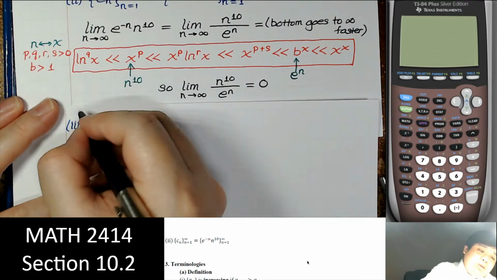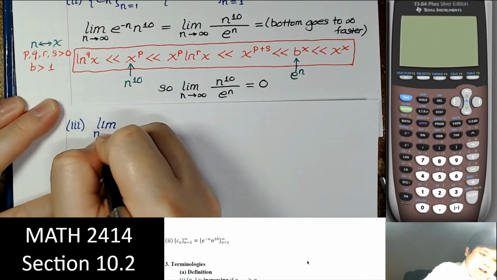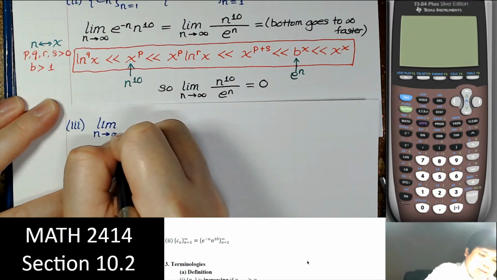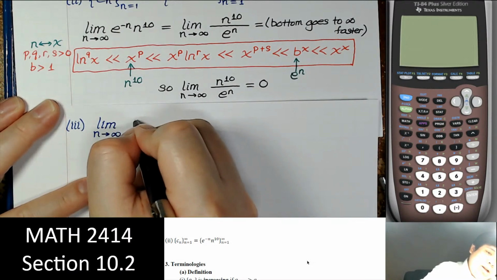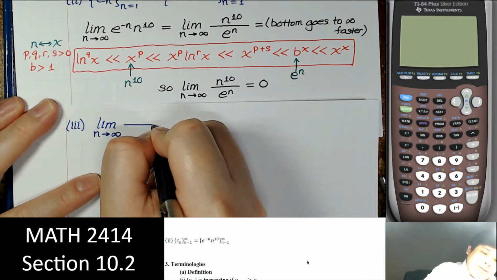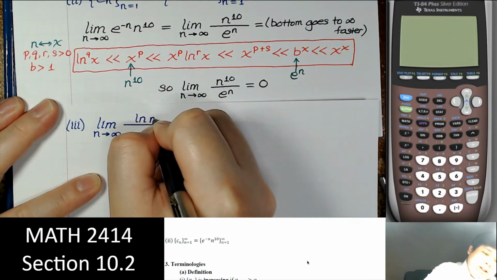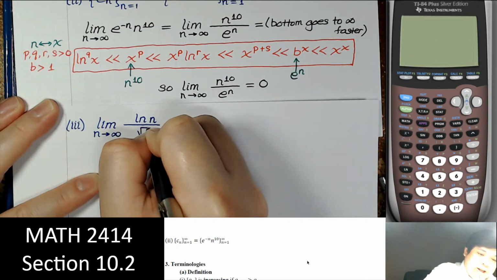Now I'm just going to ask you to find the limit as n goes to infinity of ln of n over square root of n.